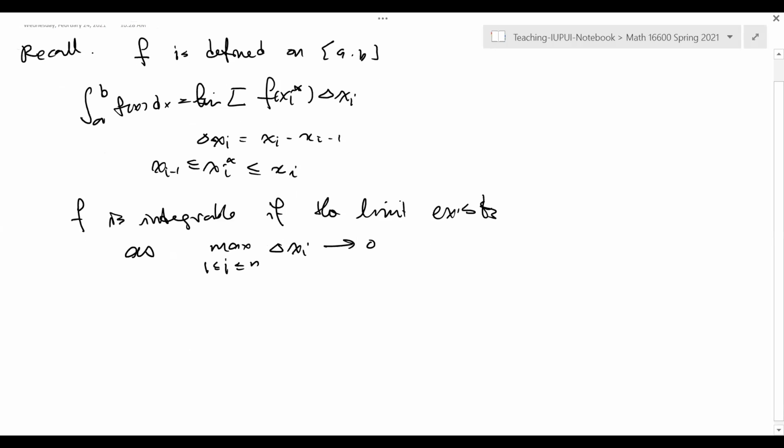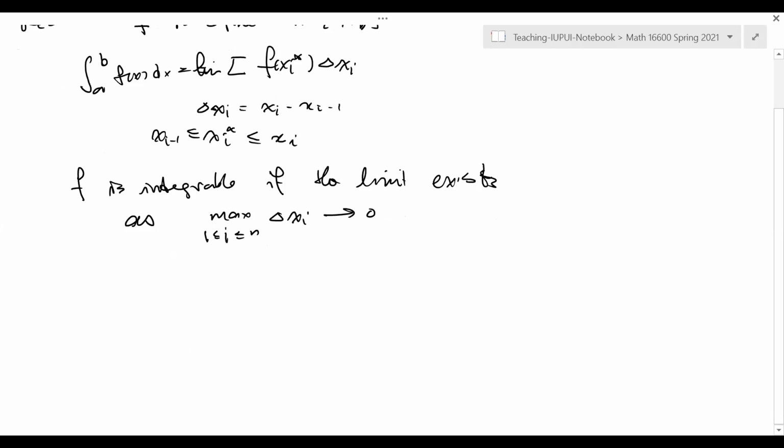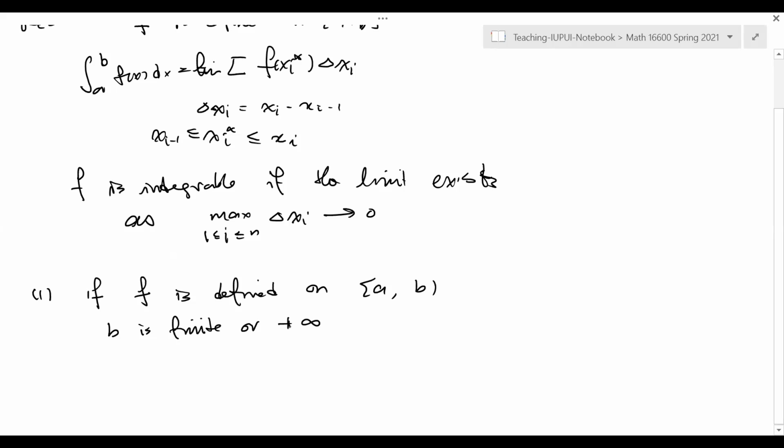Now, what happens if the function is not defined on a closed interval? Take the first case; the other case is similar. Suppose the function is defined on the interval from a to b, where b could be finite or positive infinity, and this side is open.